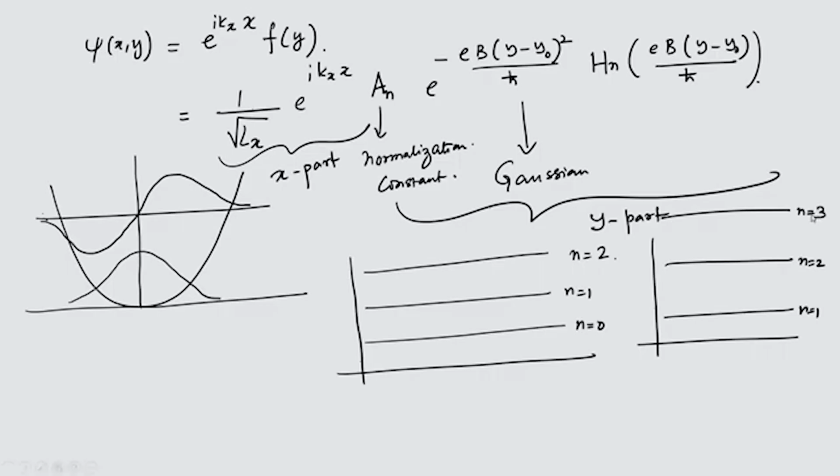The reason is that omega b, which is the cyclotron frequency, is directly proportional to b. So, as you increase b, let us say this is for a magnetic field b1, and this is for b2, and of course b2 is greater than b1. Okay. And these are called the Landau levels.